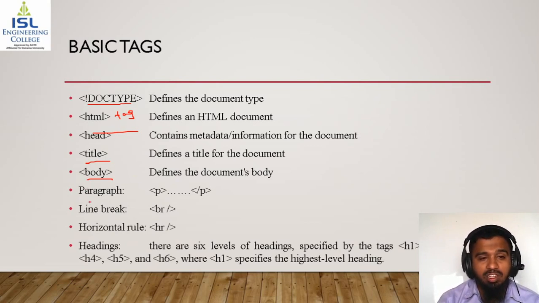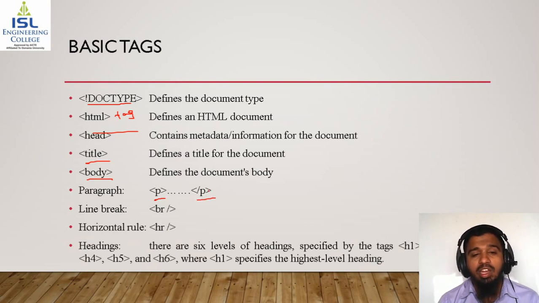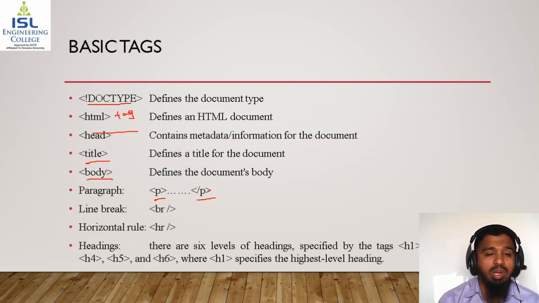Okay, the next is paragraph. The paragraph is nothing but how to write a paragraph in the programming. That is an opening tag and a closing tag. Whatever you write here will be displayed on the website.